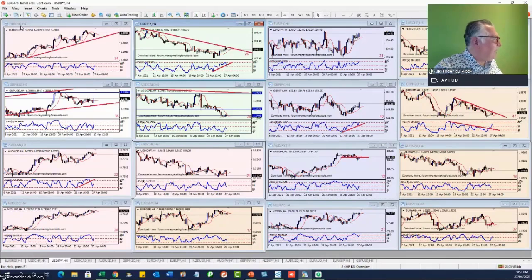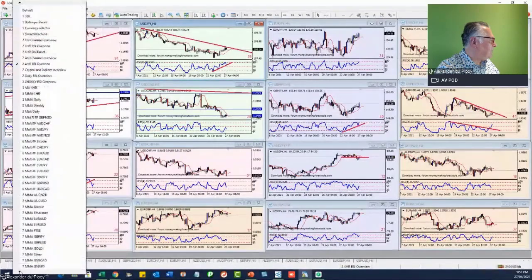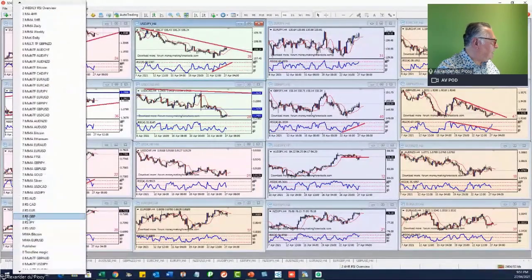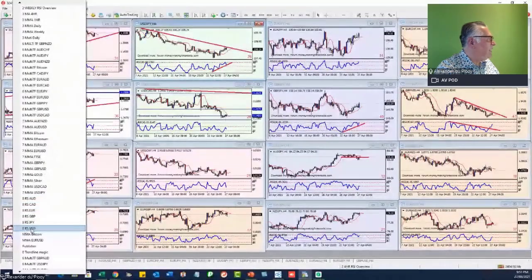Now, there's a pattern that I can see straight away here, and to let you know what that is all about, let me just go to the USD relative strength charts. Here's the relative strength for the USD.